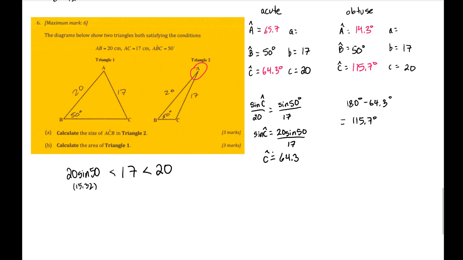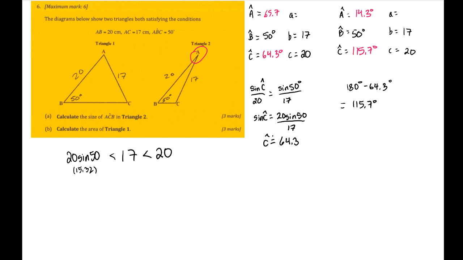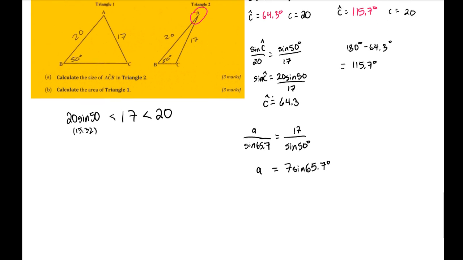I mean, you could use cosine law to solve for A. You could use sine law. I'm going to use sine law just to stay consistent. So A over sine of 65.7 is equal to 17 over sine 50. If you're wondering why I'm using 17 and sine 50 instead of 20 and sine 64.3, I always make it a habit when I solve trig problems to go back and keep using the information that was given in the question.